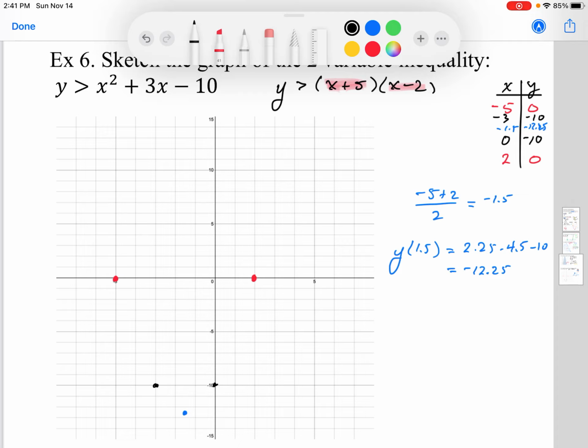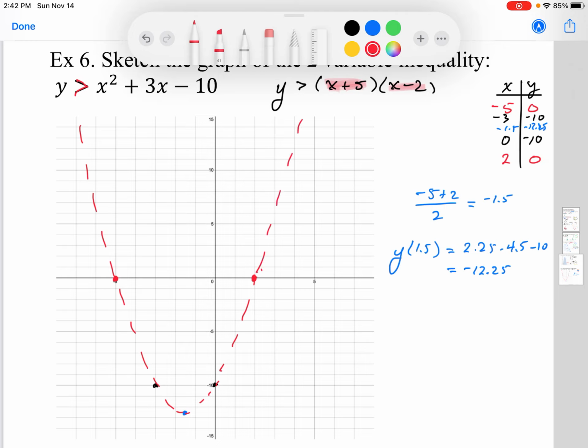Now I can focus on the inequality. It is not equal to, so I'm going to draw this as a dotted line through those points.